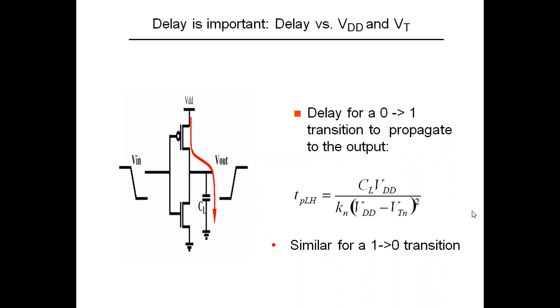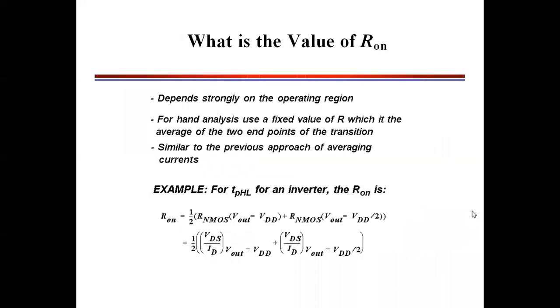What is VTN? Threshold voltage for NMOS. Only these many changes will occur. The rest of the equation will be the same for TPHL, high to low.